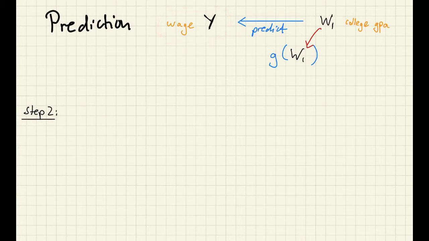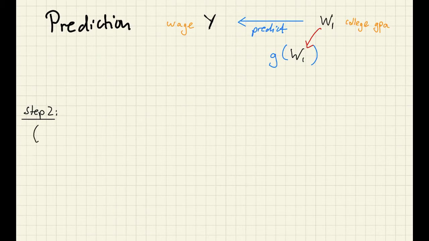However, to learn what a good function g is, we need data where we observe both the predictor and the predicted outcome. So let's assume that we have such a sample, and in practice we could use, for example, previous cohorts of students who are already 30 or older so that we observe their wage.